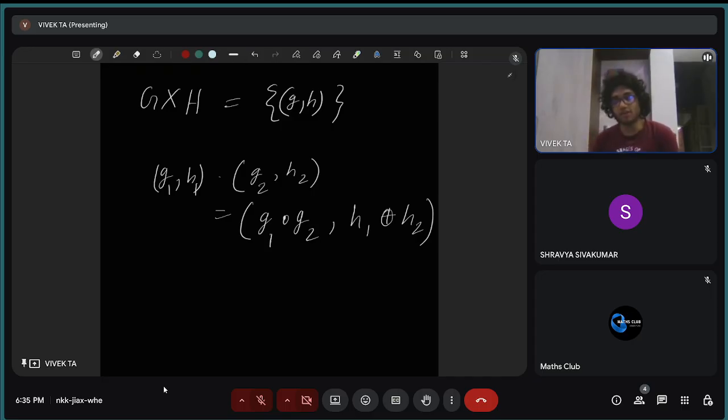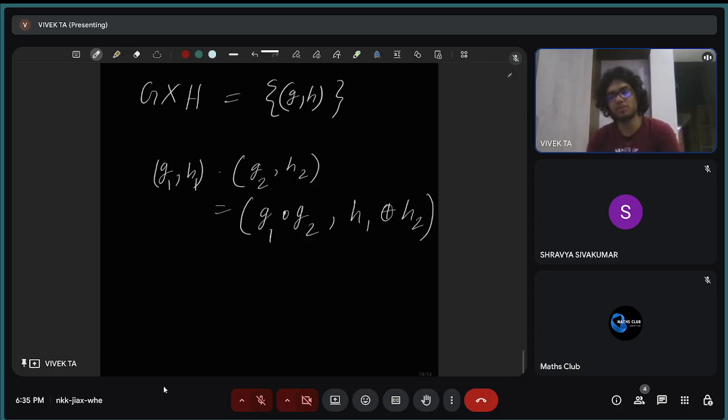Even in topology we define products. If you have two topological spaces, R2 and R3, let's say, you can take their product and define what is called the product topology. There also you can define it in two ways, and again this finite-infinite thing comes up.